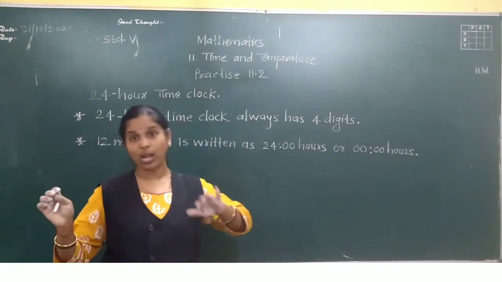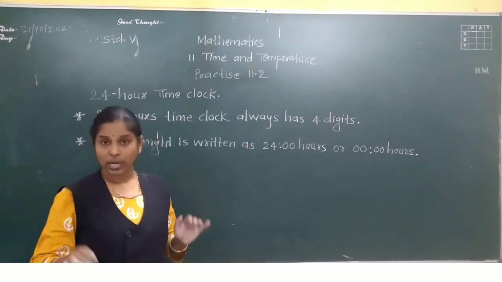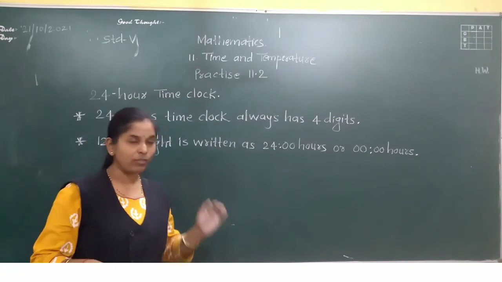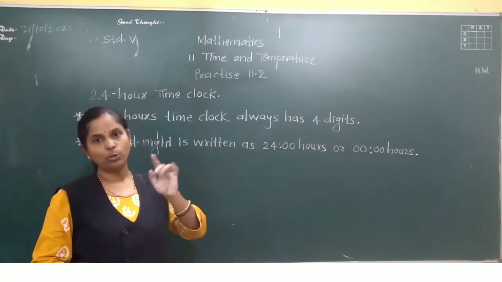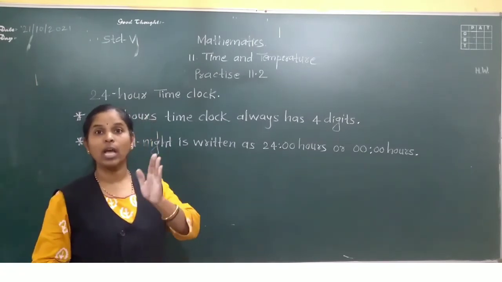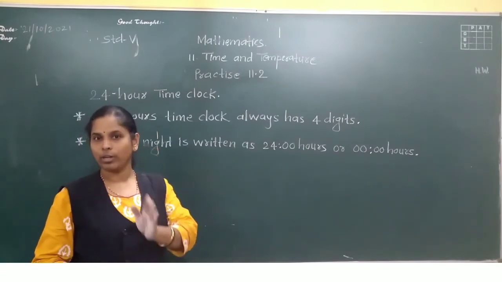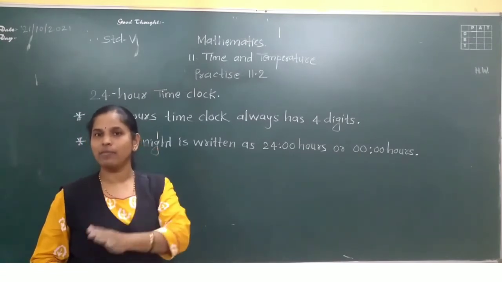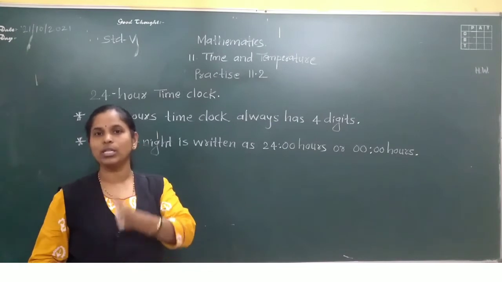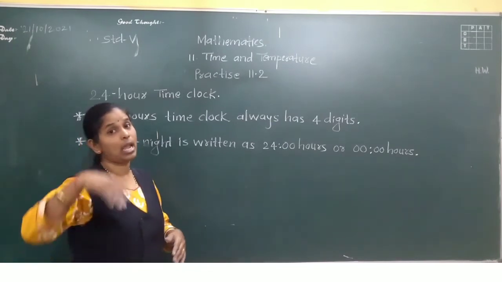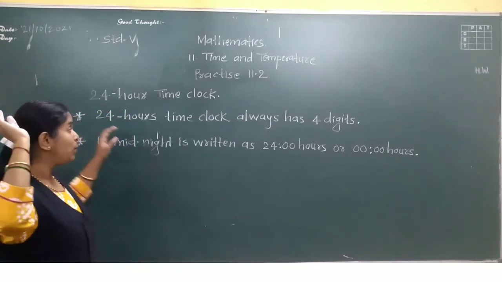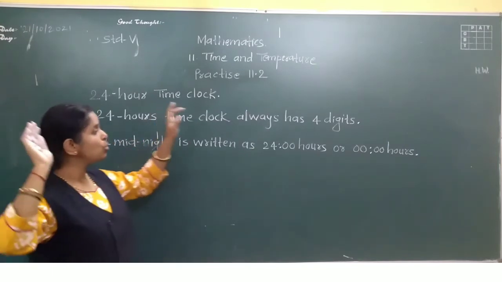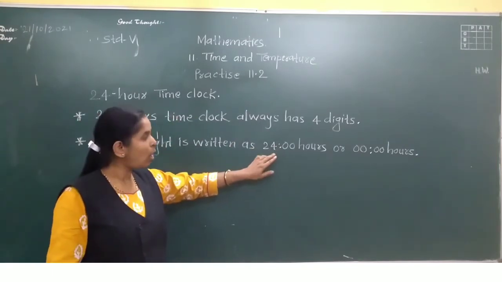But in the 24-hour clock it's not like that. In the 24-hour clock, after 12 noon, instead of 1 and 2, we have to use 13, 14, 15, 16, 17, 18, 19, 20, 21, 22, 23, and midnight 12 means 24 hours. How to write it?